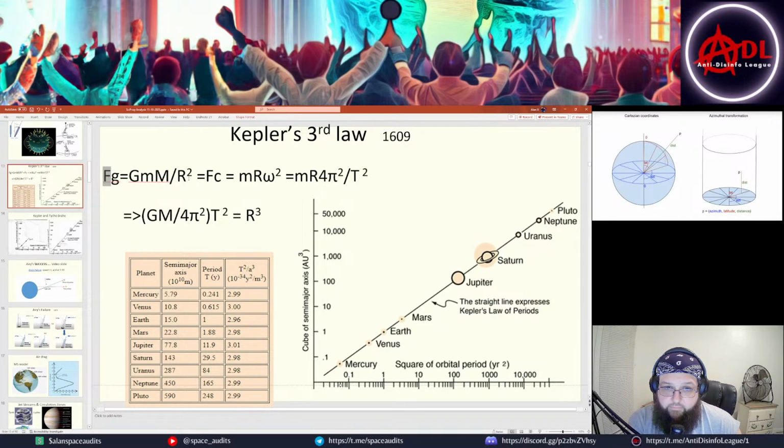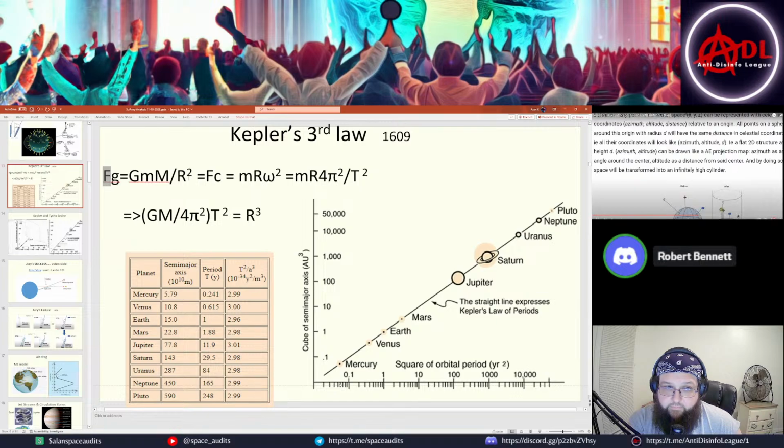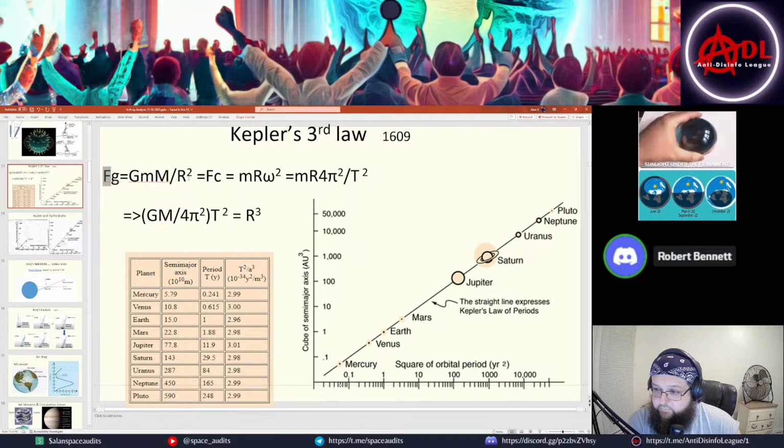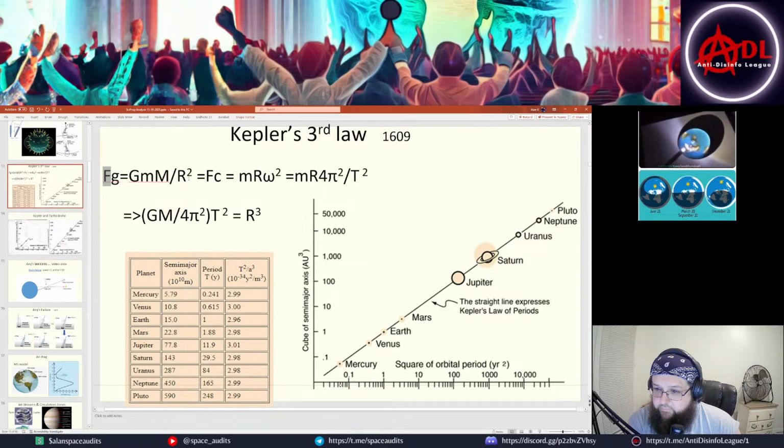And he did. That's why the m's cancel out, because this is not only a dynamic law that is proven by Newton's laws, it's also kinematic in the sense that it can be discovered just by measuring the motion of the planets, how far they are from the sun, and how long it takes them to go around the sun.